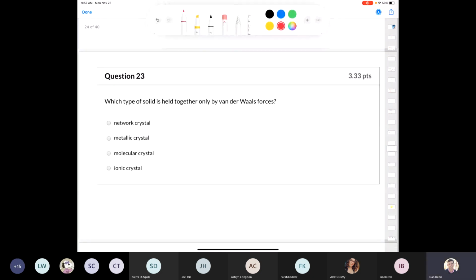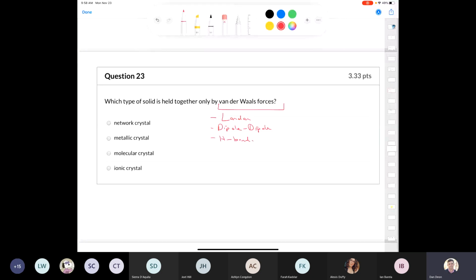Number 23, which type of solid is held together only by van der Waals forces? Remember, van der Waals forces are London forces, also known as induced dipole forces. Next are dipole, or H bond, hydrogen bonding.